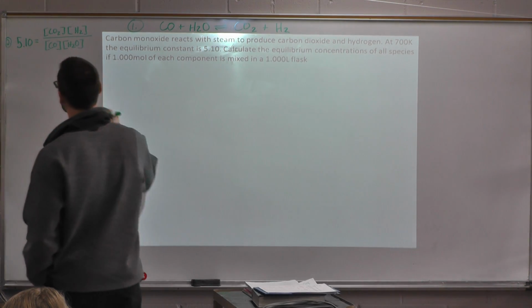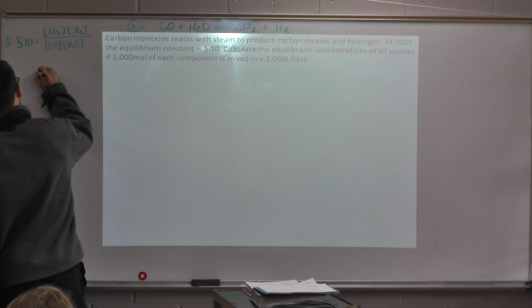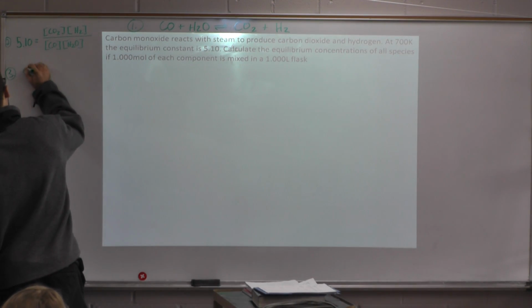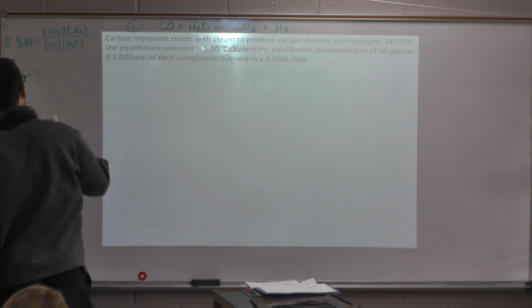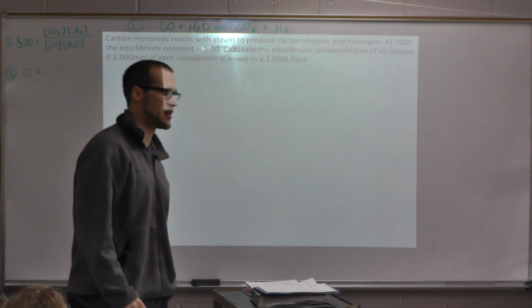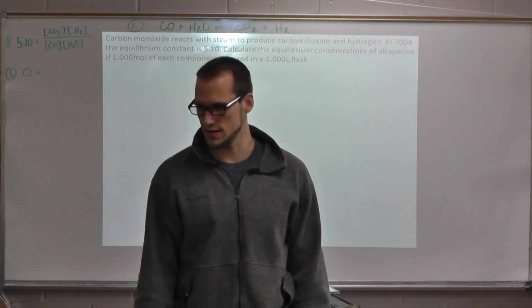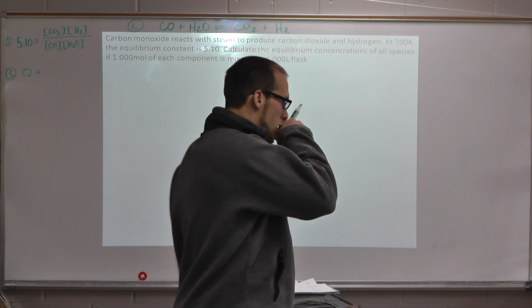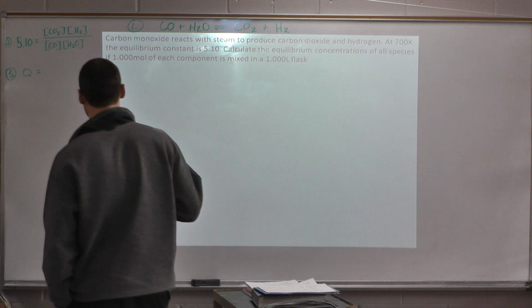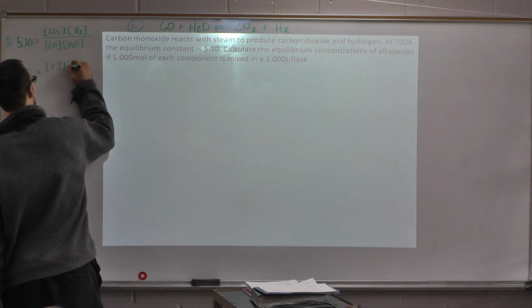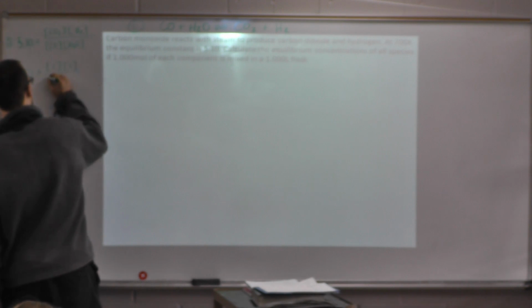So, step 3. Q equals, I'm going to plug in the initial concentrations, the concentrations they gave us. What are the concentrations that they gave us? 1 mole each. So what's Q?